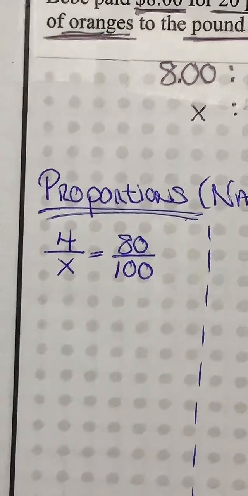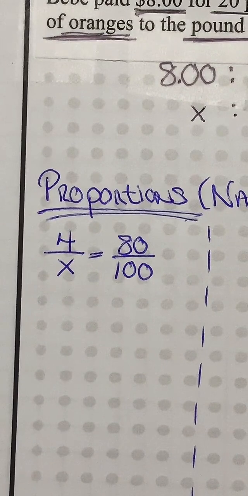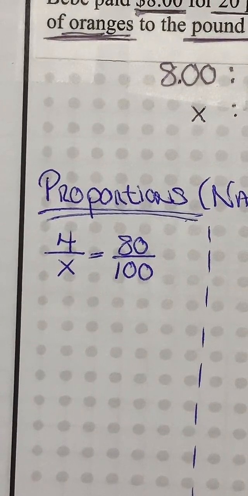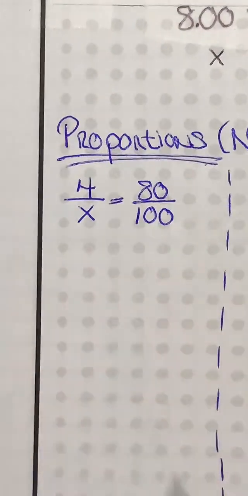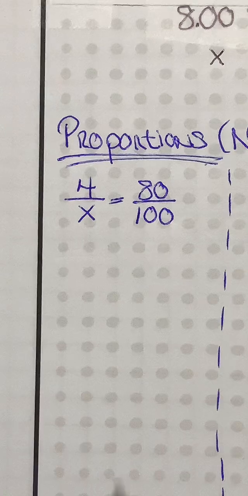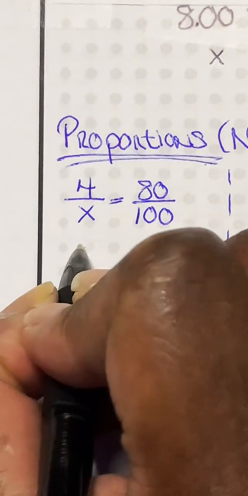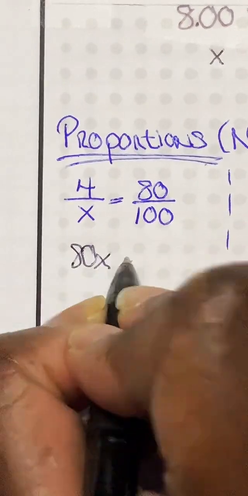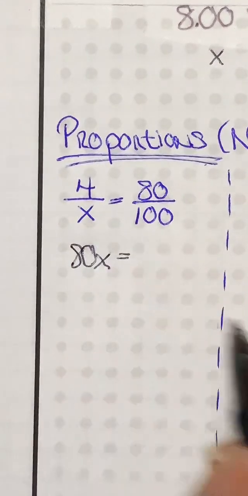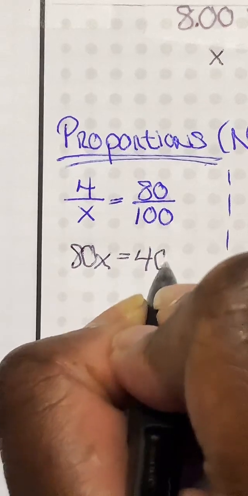Okay. All right. All right. So, there we go. Now, so when we come to this part, let's multiply. 80 times x gives me 80x. 4 times 100 gives me 400.